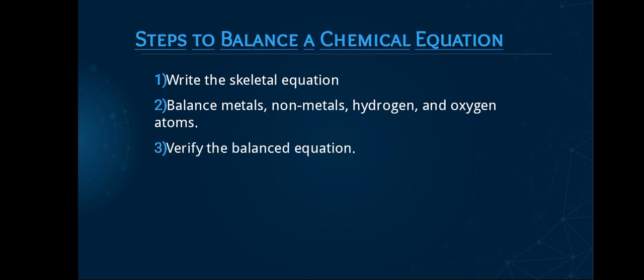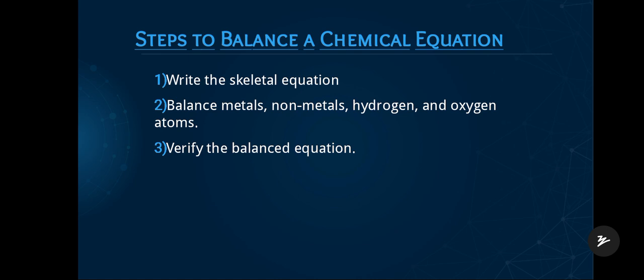After you balance them, you also have to write the states or any temperature or conditions, like the presence of a catalyst. Above the arrow you can write, for example, in the presence of chlorophyll.